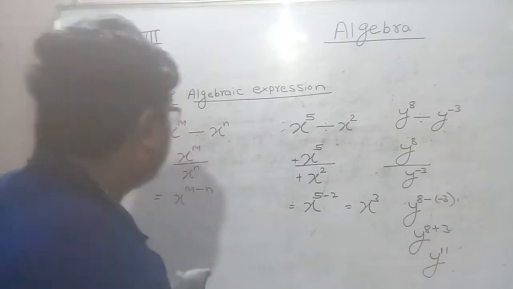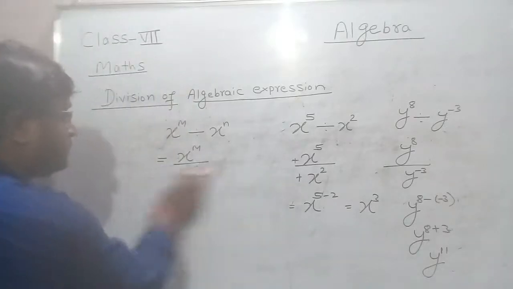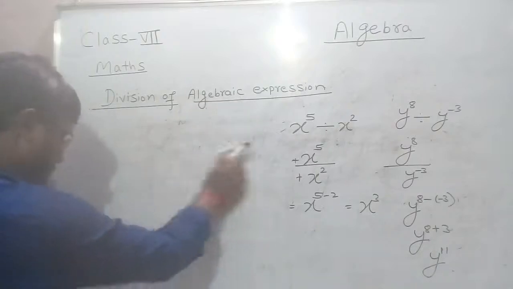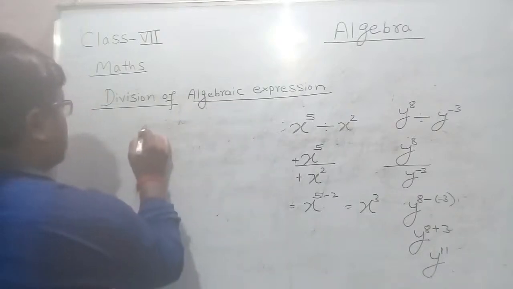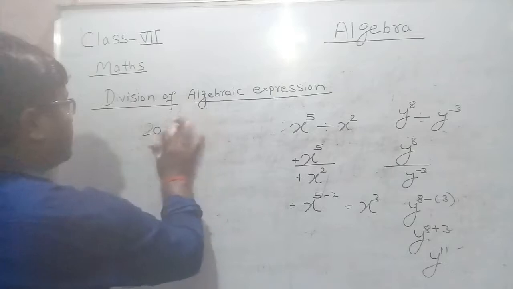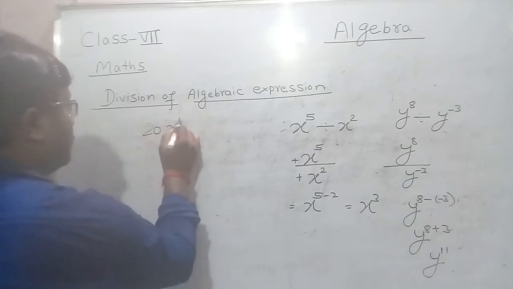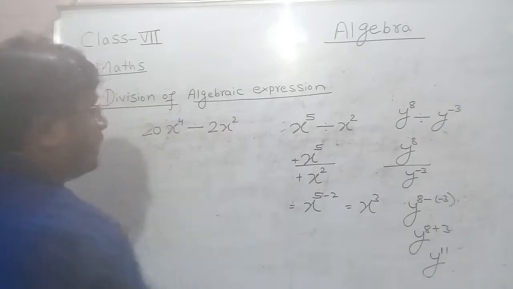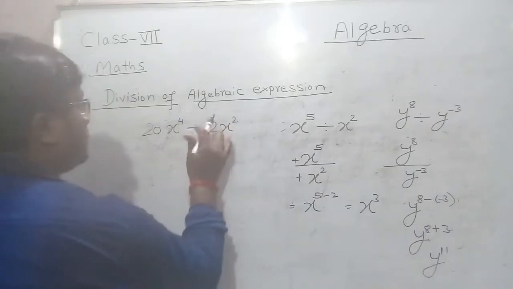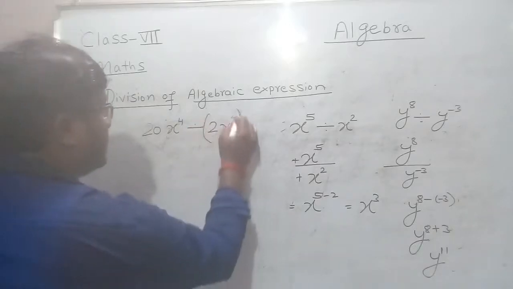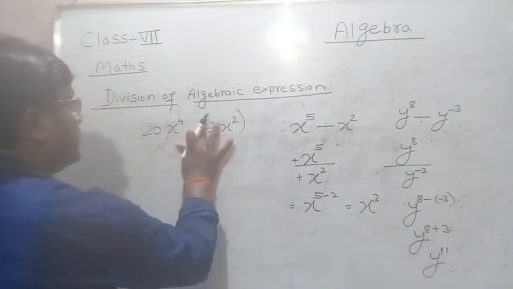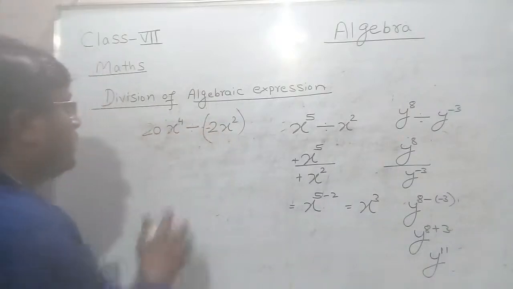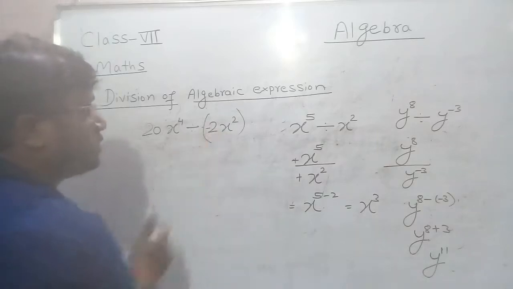For example, suppose the question is 20 x to the power 4 divided by 2x square. Or let's take it as minus: 20 x to the power 4 divided by minus 2x square.